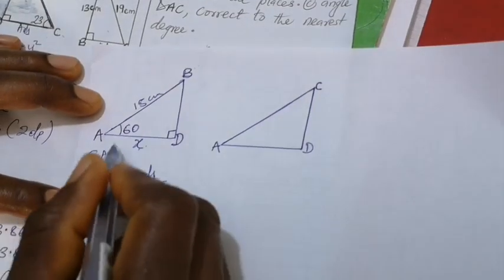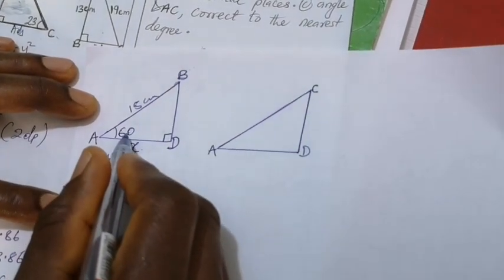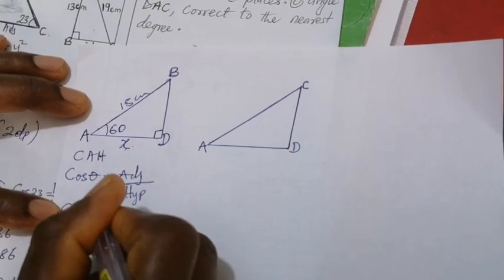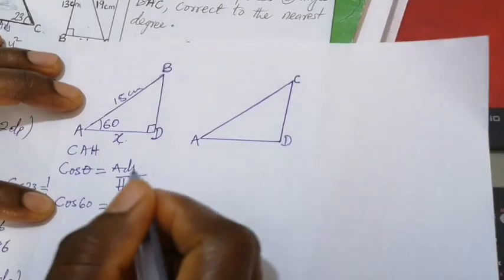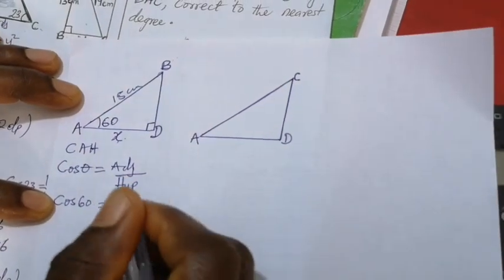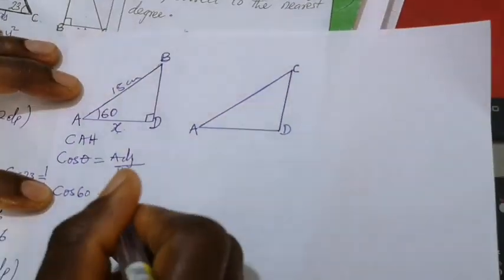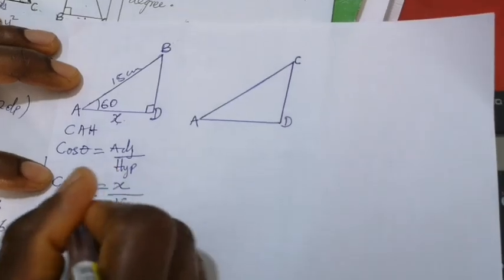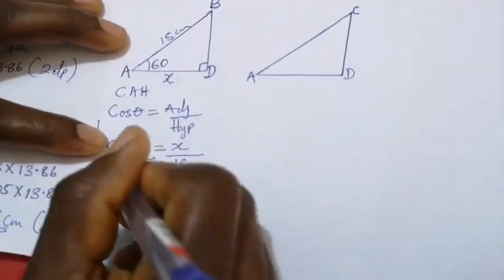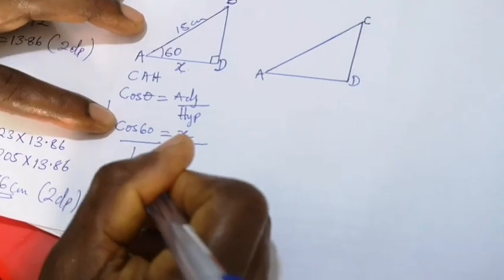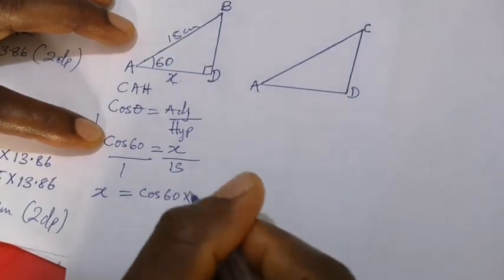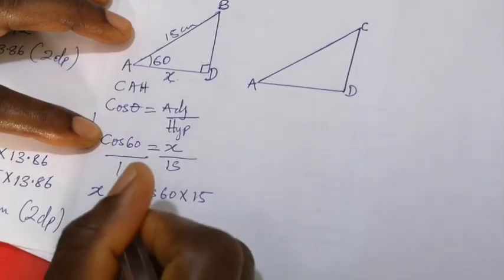So now our theta is 60 degrees, so we now have cos 60 degrees is equal to our adjacent, x, that we are looking for, divided by hypotenuse, which is 15, okay? So we now make x the subject of the equation. So x is equal to cos 60 times 15.